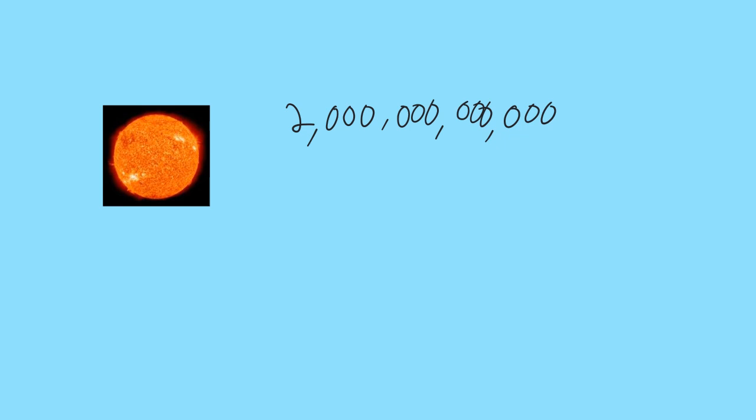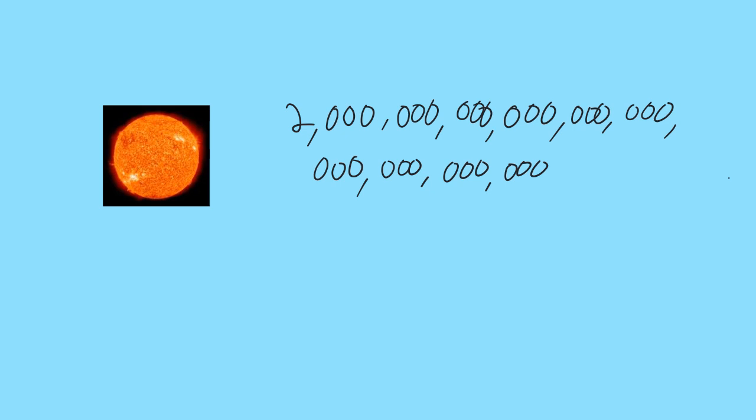How many do I have so far? 3, 6, 9, 12, and more zeros. Done. So that is 2 and 30 zeros. To be honest, I don't even really remember what that number truly is. Oh, sorry, that's kilograms. I gotta use my units here.